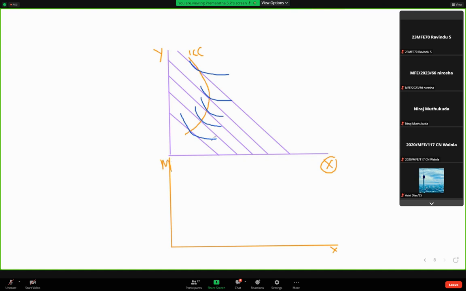So, different money income with the budget lines. Quickly derive the Engel demand curve and tell what type of good it is.